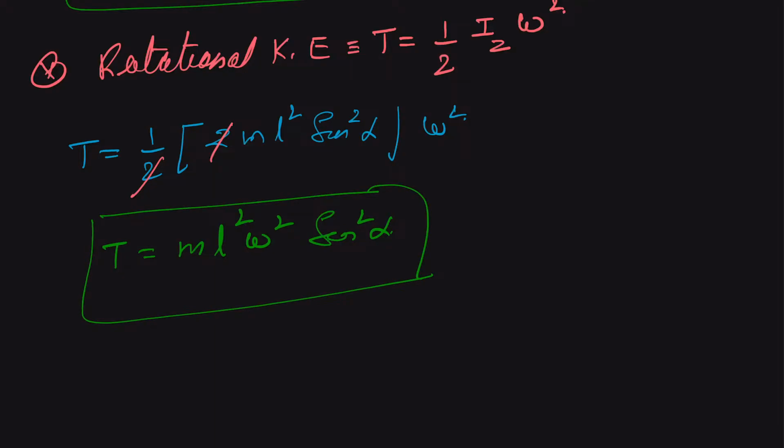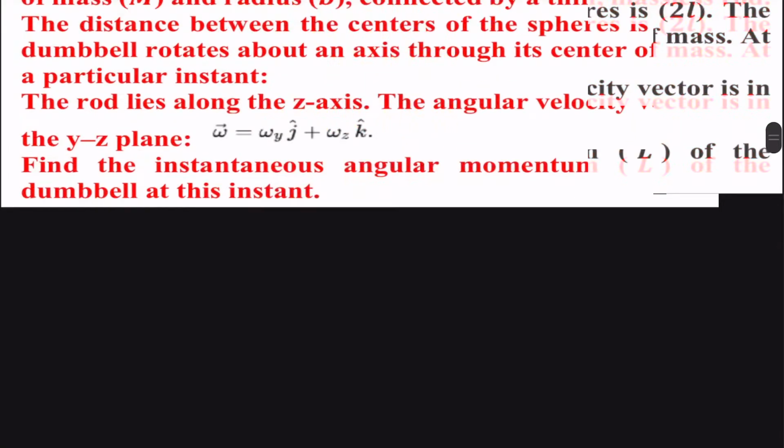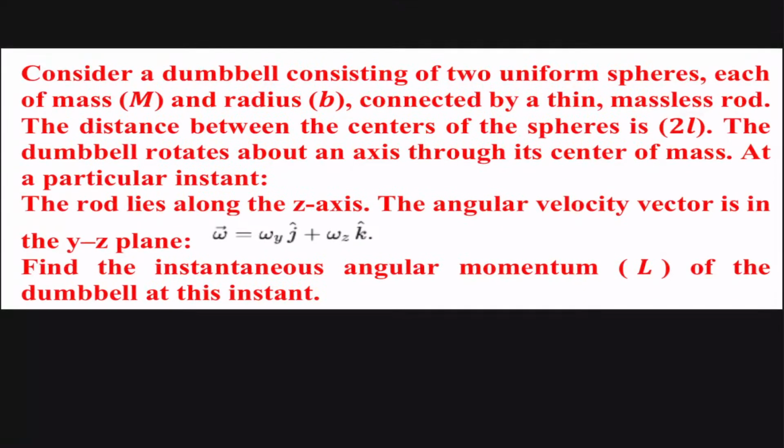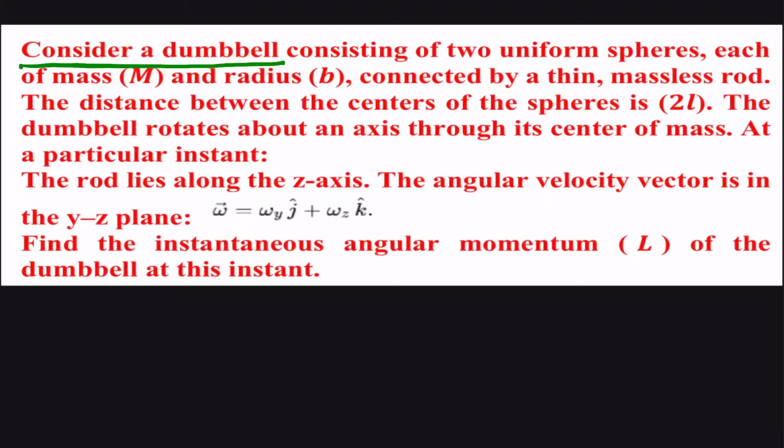So this is our first question. We come to the second question, and the second question states that consider a dumbbell consisting of two uniform spheres, each of mass capital M and radius b, connected by a thin massless rod.